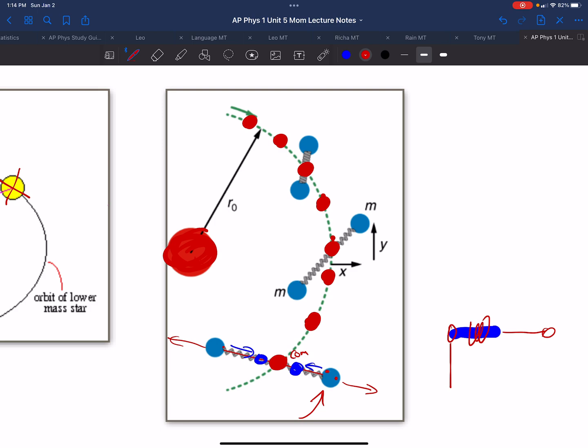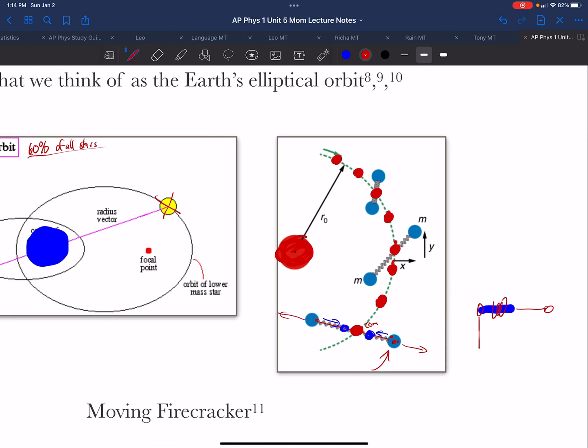In other words, the center of mass of this system is behaving and following certain rules as it travels in this orbital path. No matter what's going on, that center of mass will continue to follow that direction. So it makes sense to simplify this system and study the behavior of the center of mass rather than the individual objects.